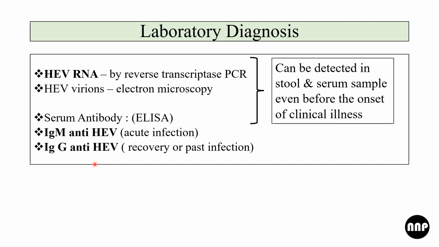IgG anti-HEV replaces the IgM in 2 to 4 weeks once the symptoms are resolved, and it persists for years. This indicates recovery or past infection. So if we detect IgM anti-HEV, it is an acute infection, and if we detect IgG anti-HEV, it indicates recovery or past infection.